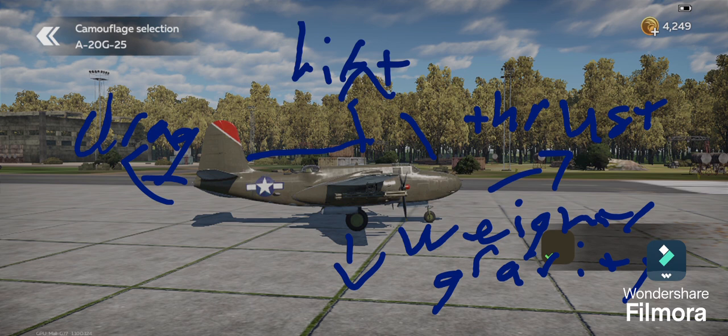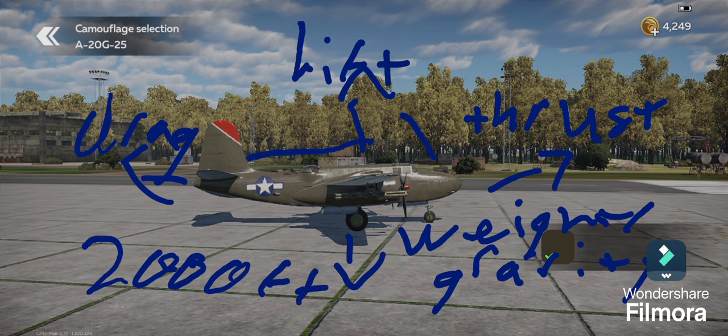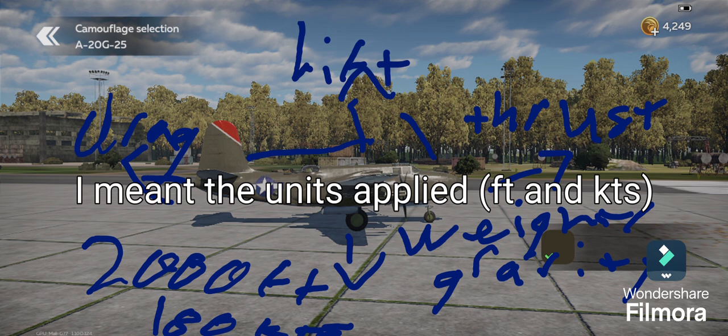Say, for example, you are at 2,000 feet, which isn't very high, going at 180 knots, which is the standard units when talking about aircraft. 2,000 feet in the air and 180 knots.